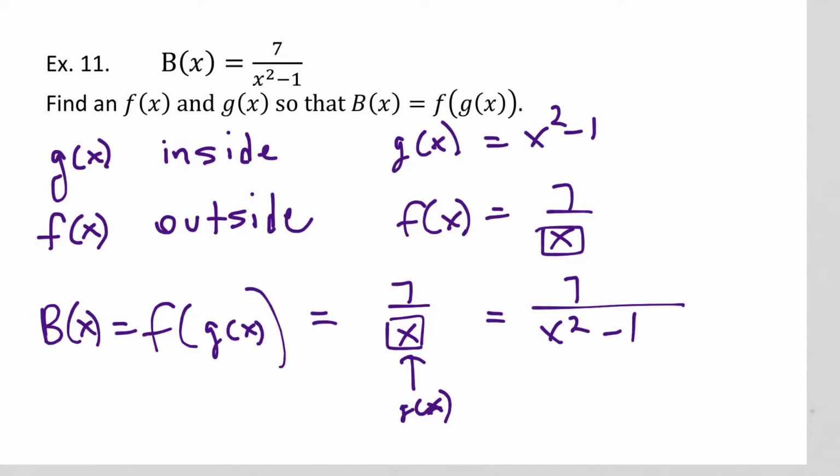So that works with g of x equal to x squared minus 1, and f of x equal to 7 over x. So our answer would be a g of x, x squared minus 1, and an f of x, 7 over x, will give you this composition here such that it looks like big B of x.